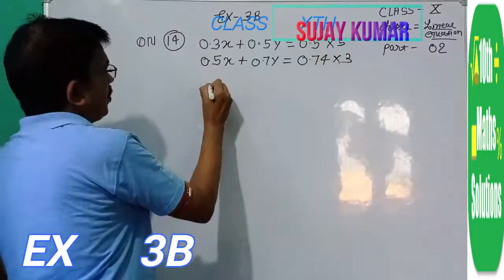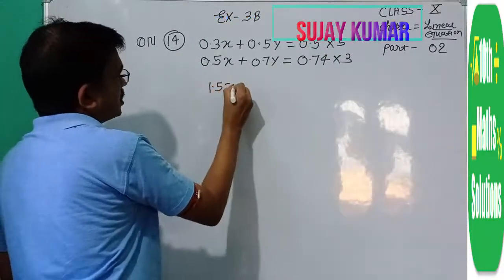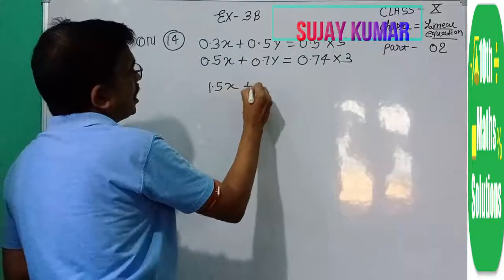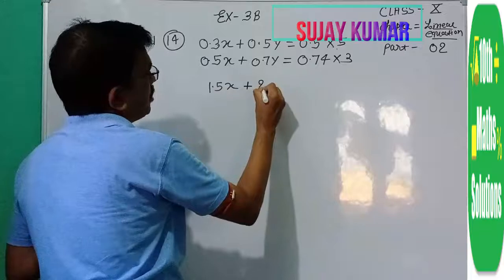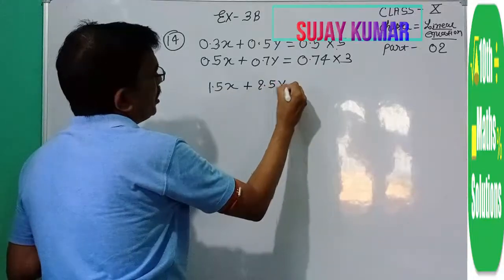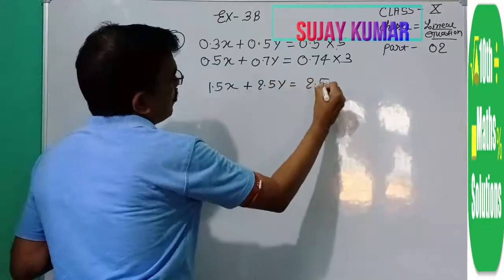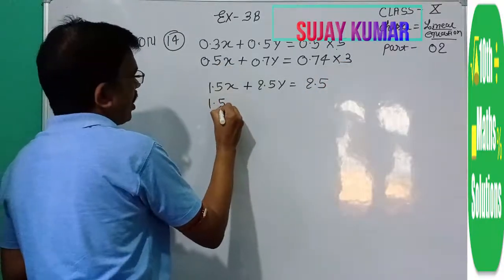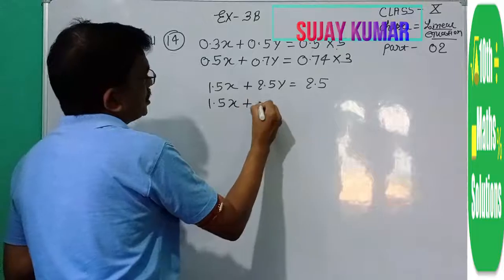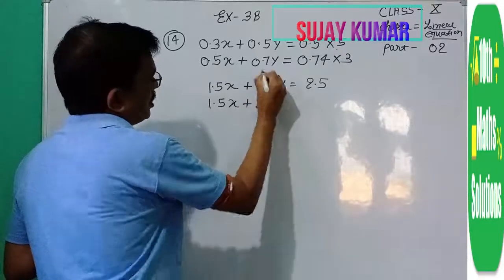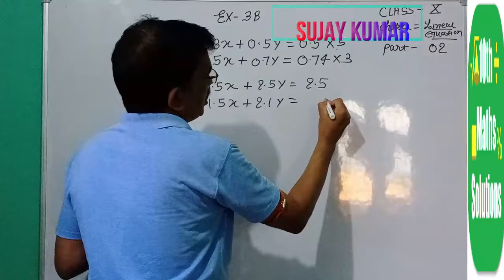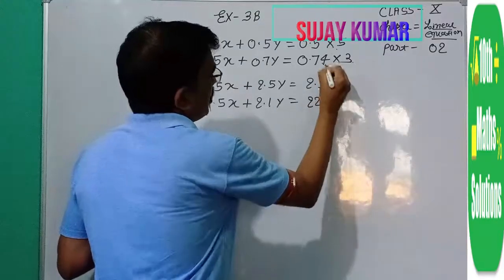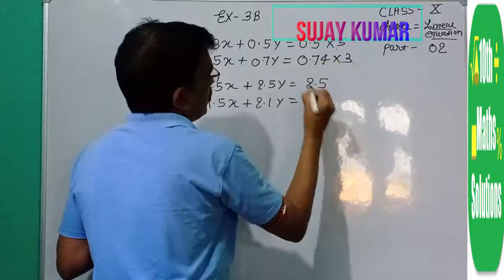What do you get? 0.3 multiplied by 5 gives 1.5x, plus 2.5y, and 0.5 times 5 is 2.5. Then multiply by 3: you get 1.5x plus 2.1y, and 4 threes are 12, 7 threes are 21, and 22 after 2 decimals.